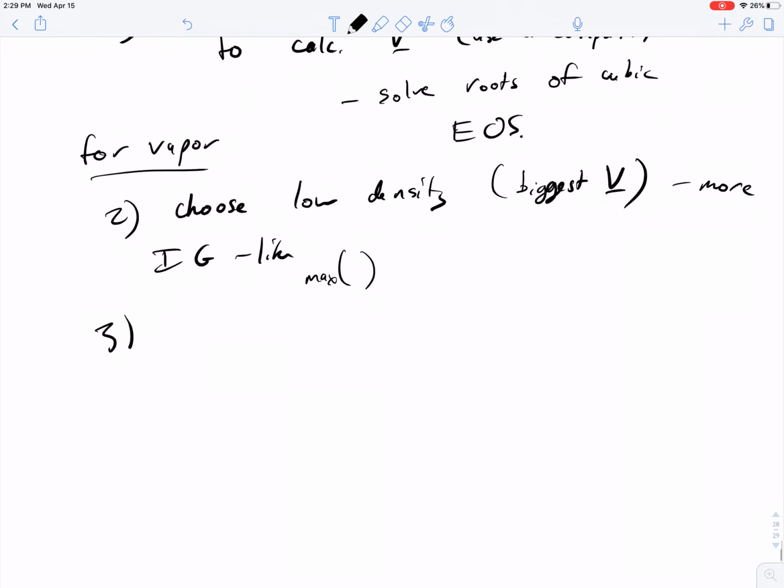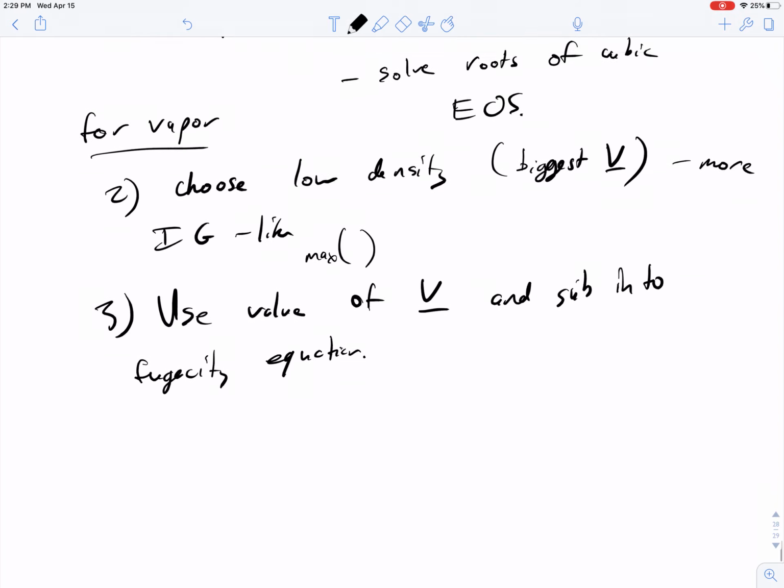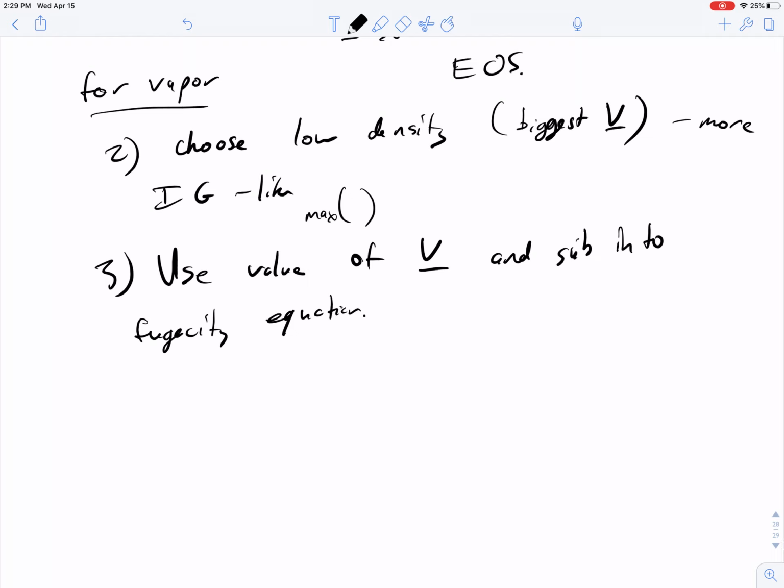3. Use the value of V and sub into the fugacity equation. Okay, for instance, I'm going to show it in fugacity coefficient form.